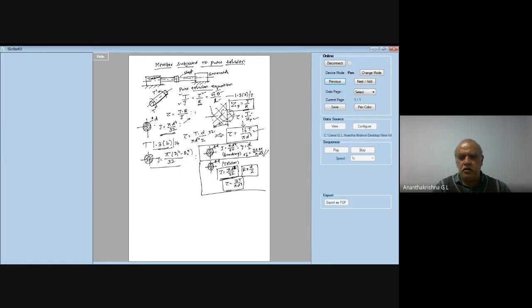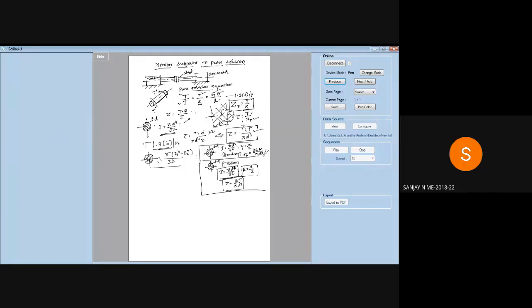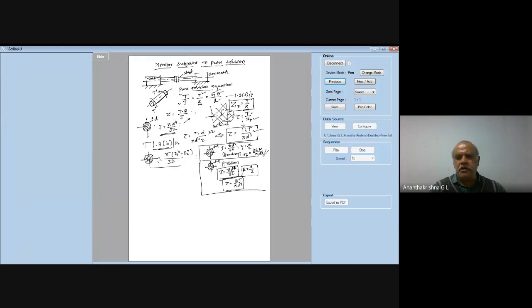Shivam Kumar, noting down. Shivam Kumar. Sanjay N. Yes, sir. Writing. Okay.